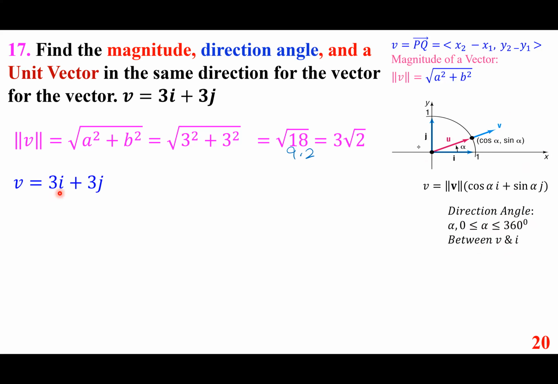We want to find the angle, so we go with the tangent, obviously, which is tan of alpha equals b over a. This is ai plus bj, and tan is b over a.